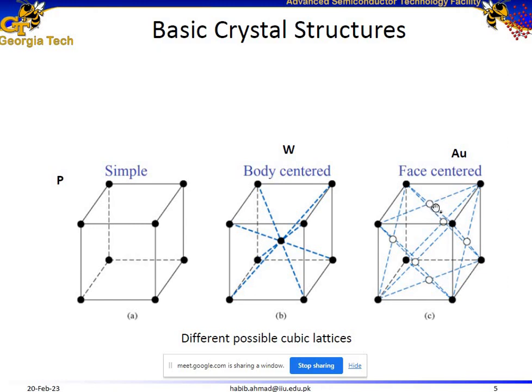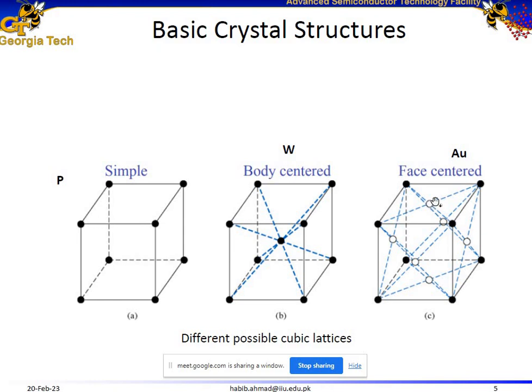But then each atom, consider this top face. This is shared by another unit cell towards the top direction, or we can call it the positive z-axis, and another unit cell in the negative z direction, right?